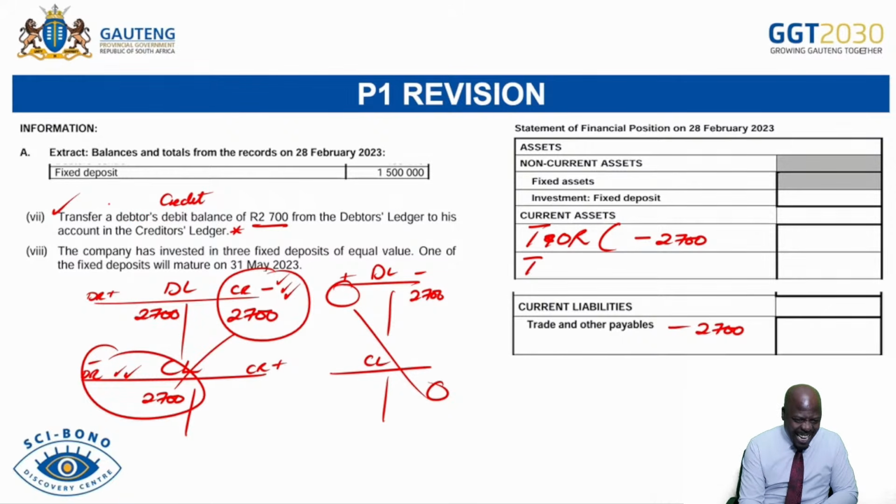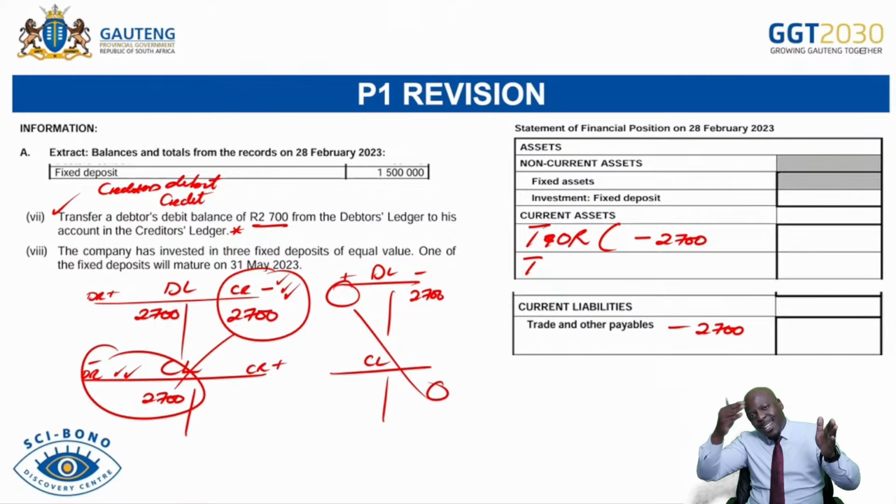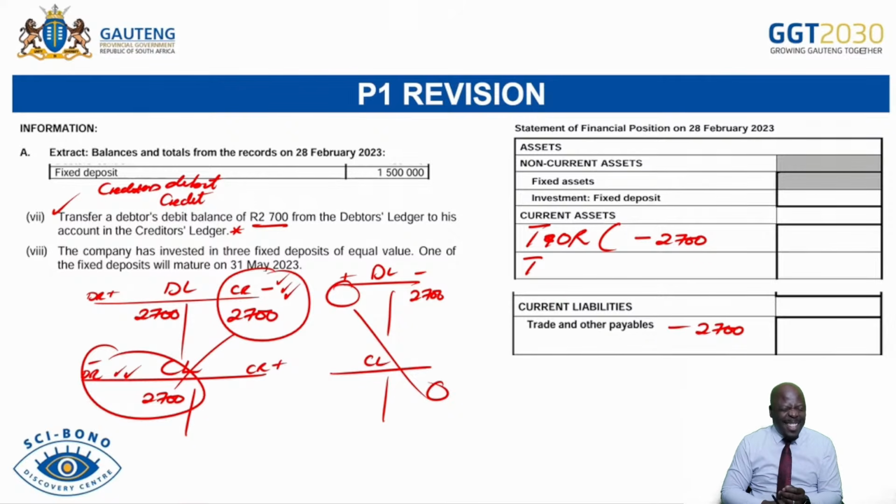They can come and say transfer a creditor's debit balance. It's another option as well. Or they can have a creditor with a credit balance being transferred again. These are all options that the examiner can bring. What you just have to do is, through your T account, go to where they are, and then transfer it to the opposite end. And then life becomes easy from there.